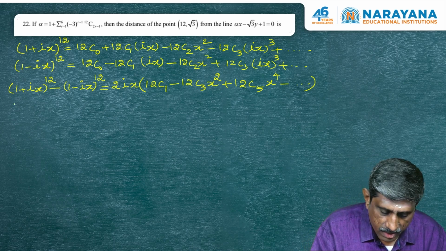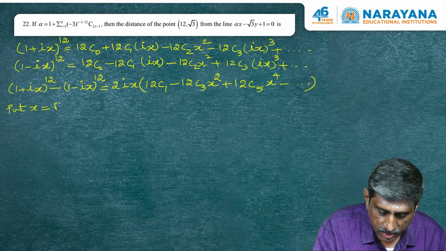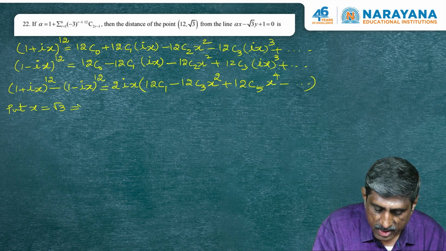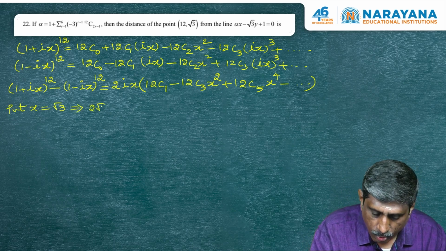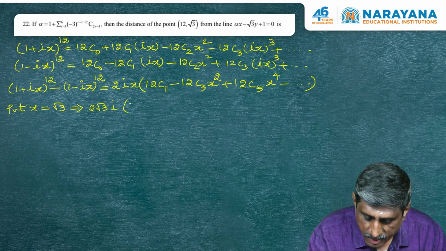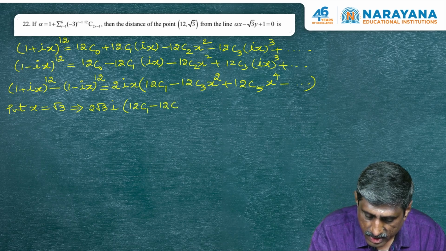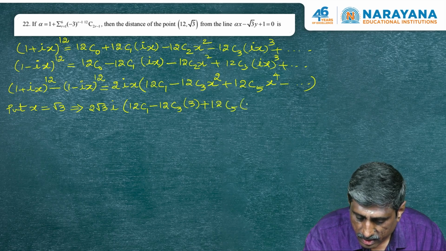And here you substitute x is equal to root 3. When you put x is equal to root 3, we understand that it is 2 root 3i into the value of the given expression, which is 12c1 minus 12c3 into 3 plus 12c5 into 3 square minus and so on.